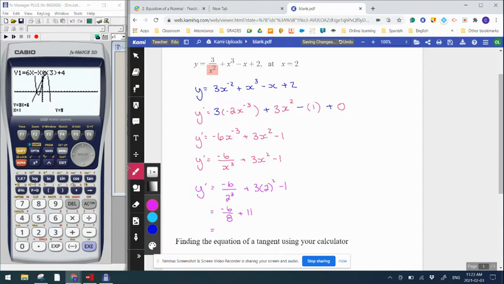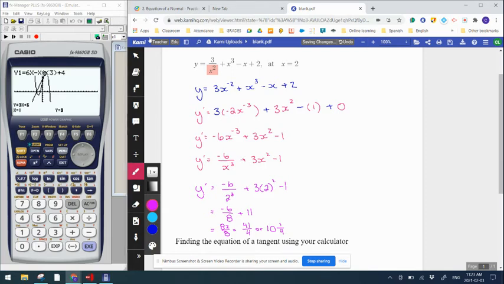So if we change this into common denominators, that's going to be 88 over 8, take away 6, so that's going to be 82 over 8, which of course can be simplified to 41 over 4, or 4 goes into 41 ten times with 1 left over.